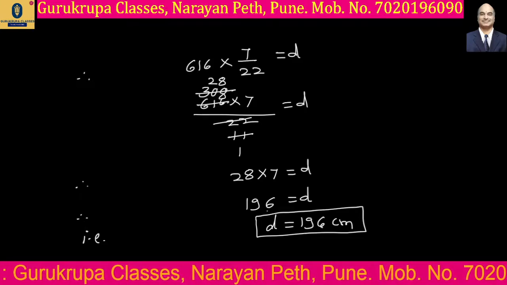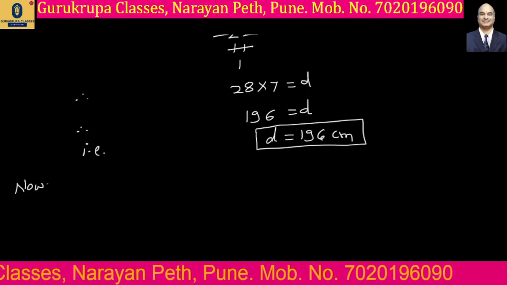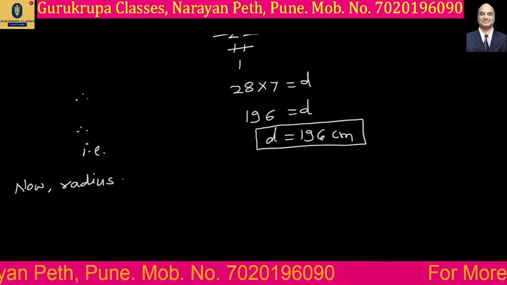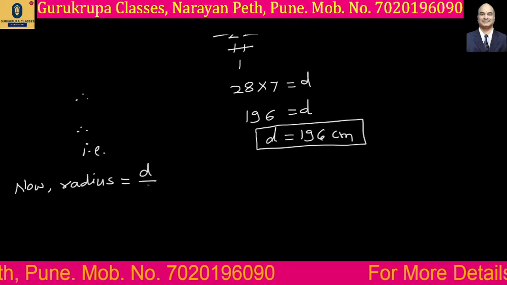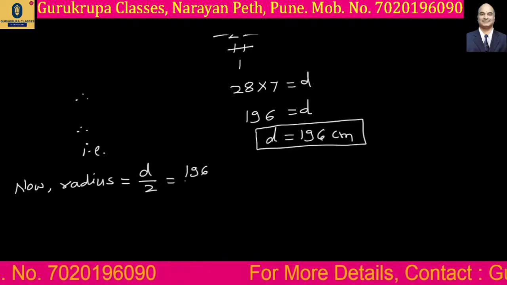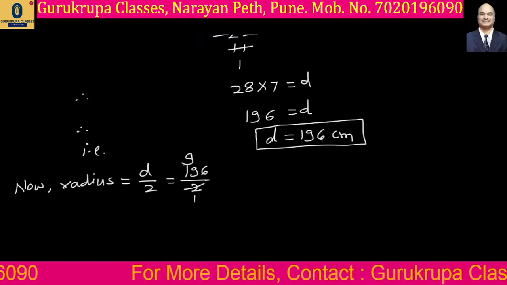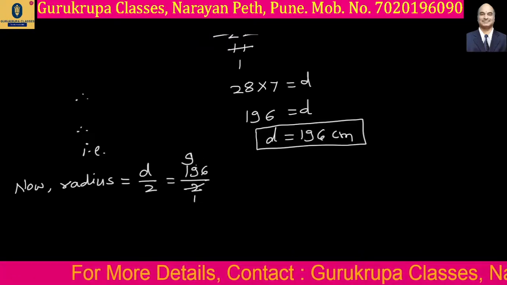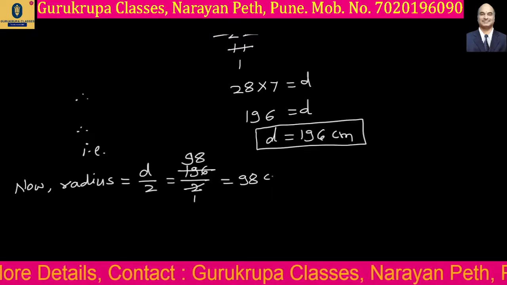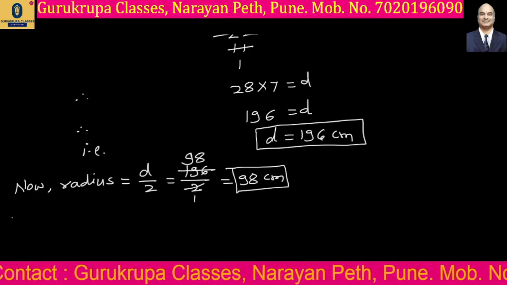From D we can find the R because R means radius is half of the D. As radius is equal to D upon 2, that is 196 upon 2, 2 ones are 2, 2 nines are 18, 2 eights are 16. So 98 centimeter would be the radius of the circle.